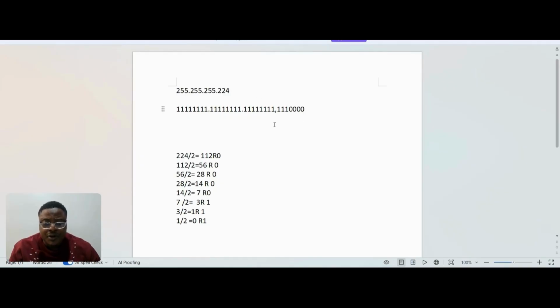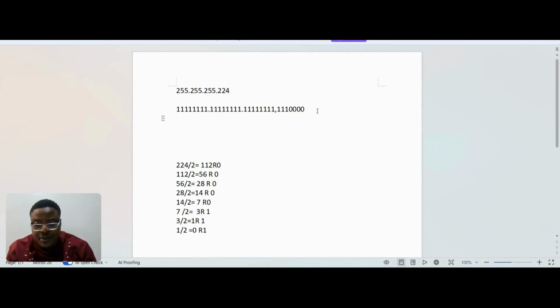So now the prefix will be 8 plus 8 plus 8 plus the number of ones here, which is 3 ones.